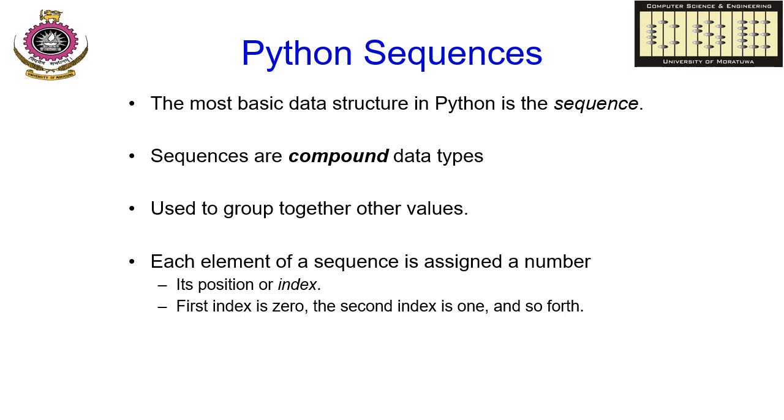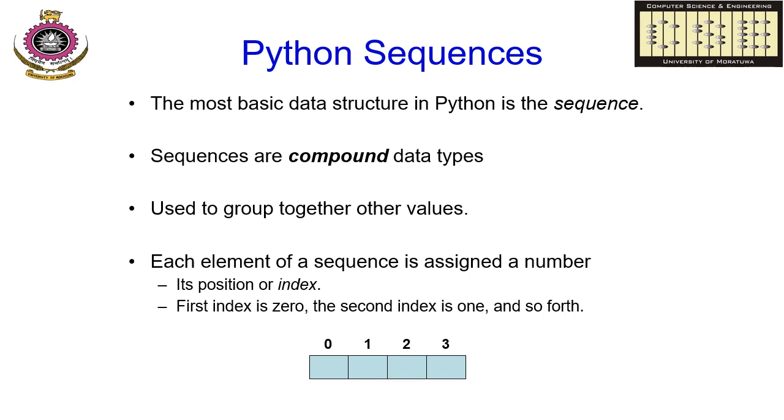So how do these structures store multiple values? It provides each element a number. This number is generally referred to as the index. It corresponds to the position of the element in that sequence.